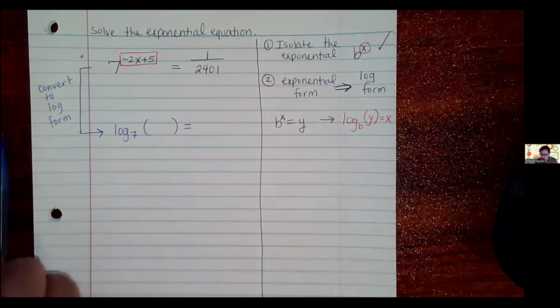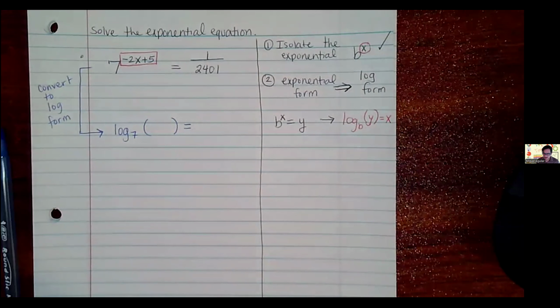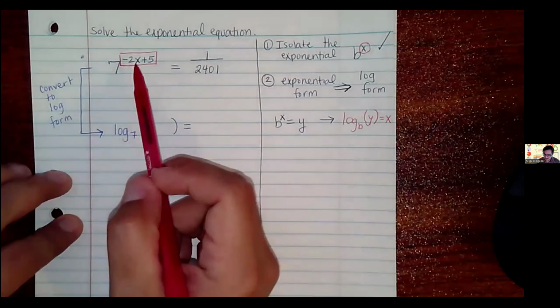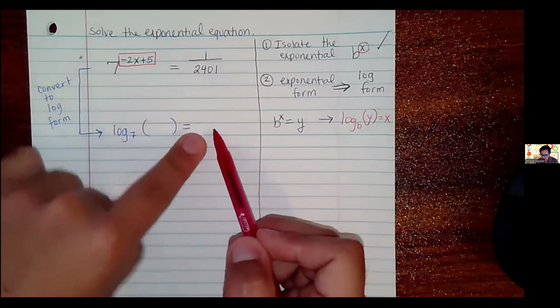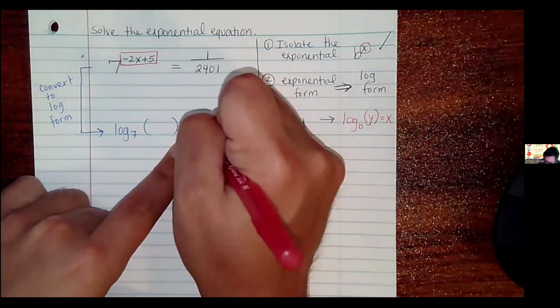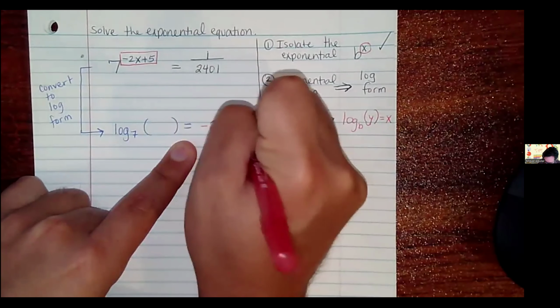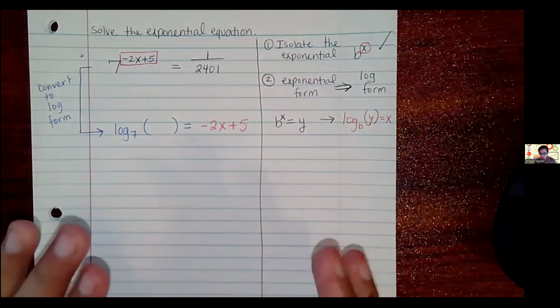Okay, now what's playing the role of the exponent here? The negative 2x plus 5. Yeah. And so usually I'm just going to throw that on the opposite side of the equal sign. So now I'm going to put this negative 2x plus 5 over here.